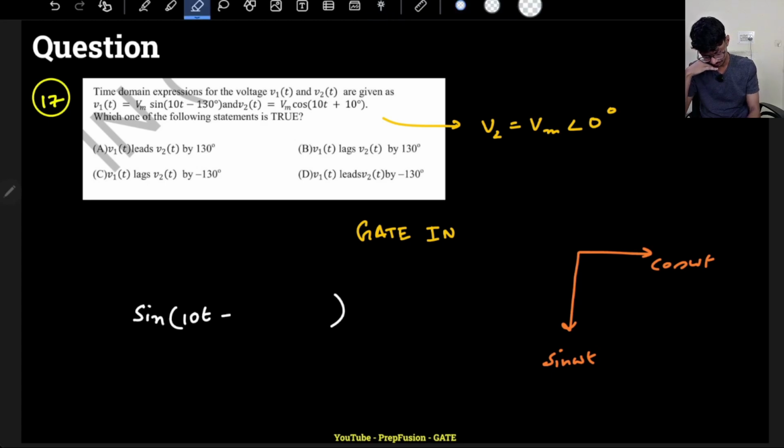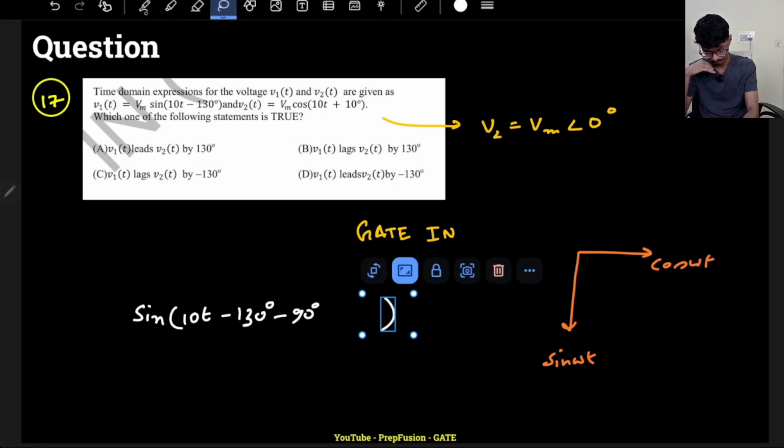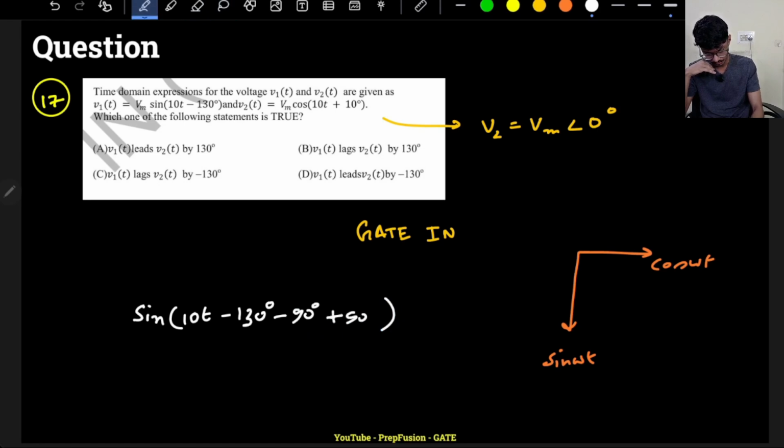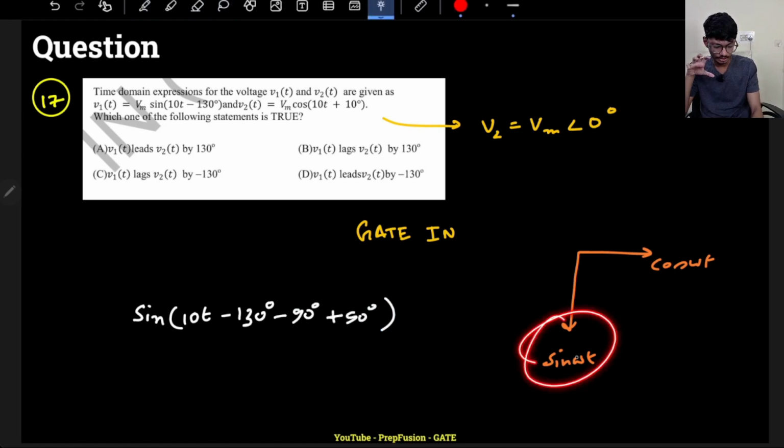This is 130, I can subtract 90 and add 90, correct? I am trying to write my sine in terms of cos, so we have to do a few modifications. If I add angle 90 with this sine, then I will get back to cos.